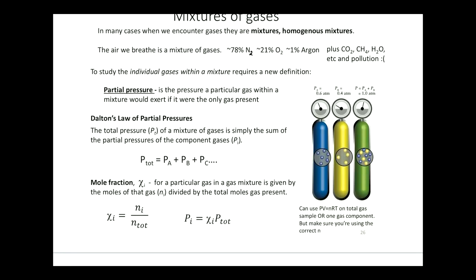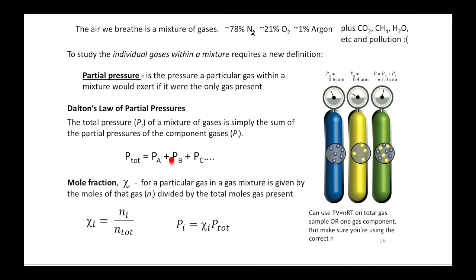The neat thing about partial pressures is that this is the same pressure that we calculated using PIV-NERT, PV equals nRT. We can actually PIV-NERT each and every one of these components. In order to calculate the partial pressure of component C, we would have to use the number of moles of component C that we actually have.